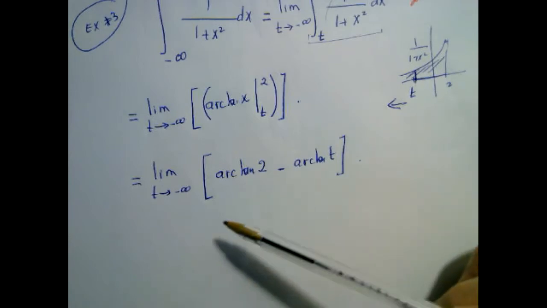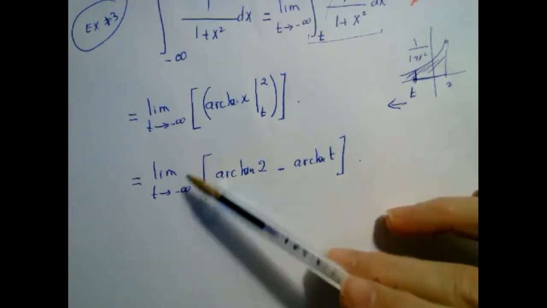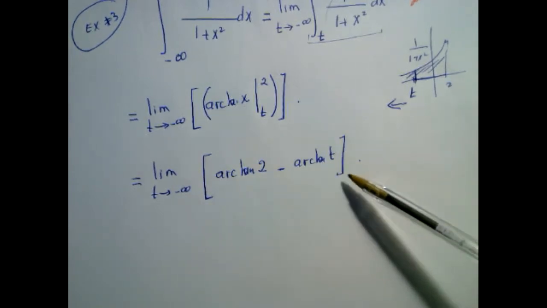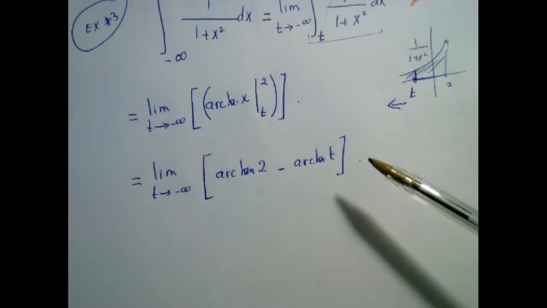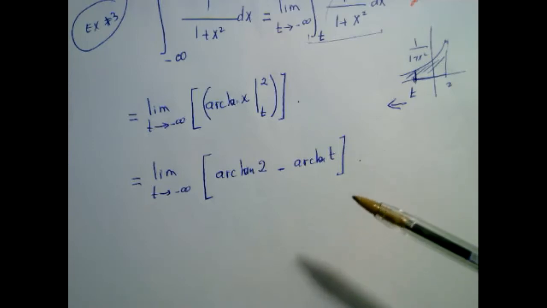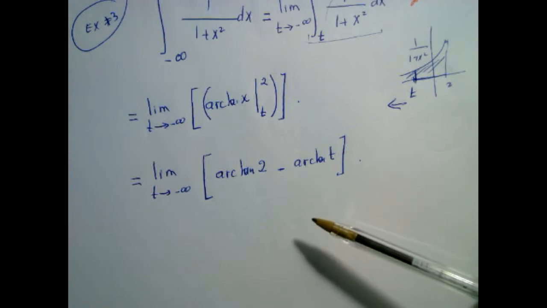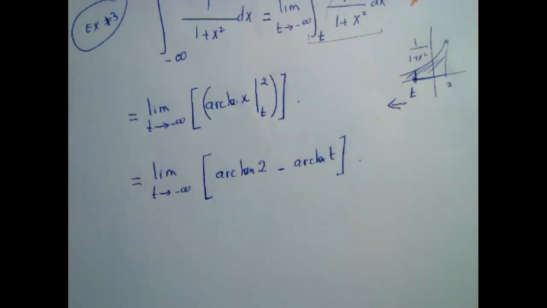Now, my question is, what's the limit as t goes to minus infinity of arctangent t? It means what's the angle whose tangent goes to minus infinity?